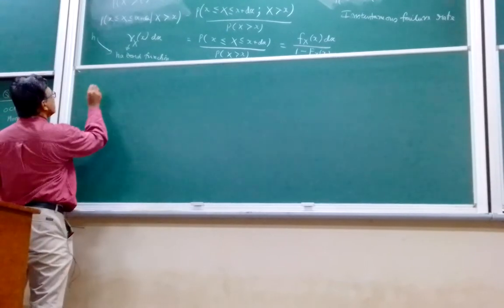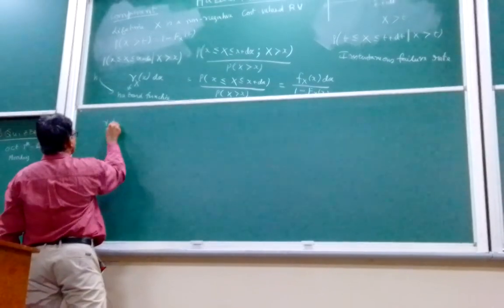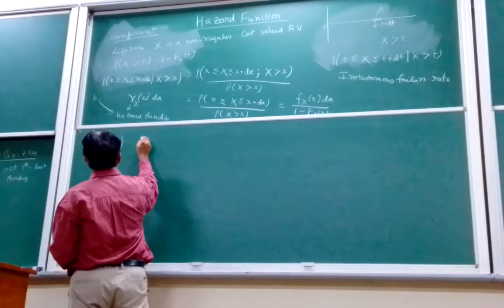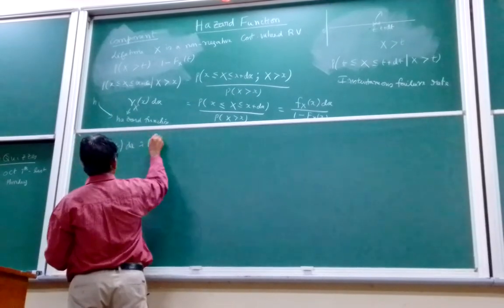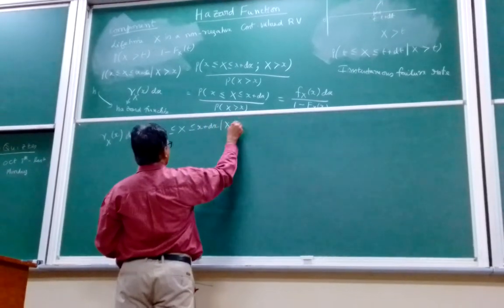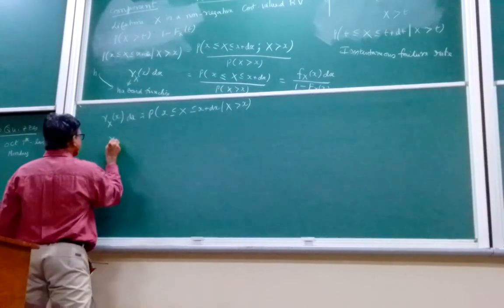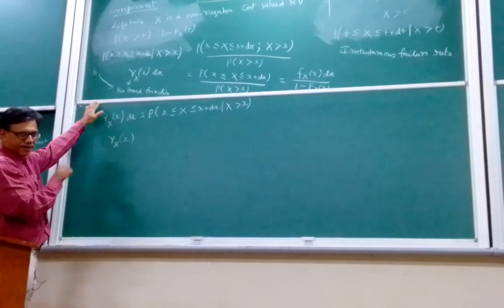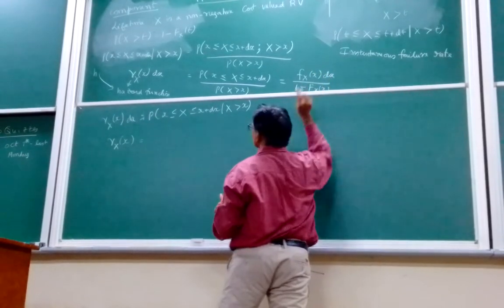So now we will define it. Because we are finding only the density, Rx(x), how do we interpret it? This is the interpretation. You write the density Rx(x), which is called the hazard density, and here also you should drop the dx.